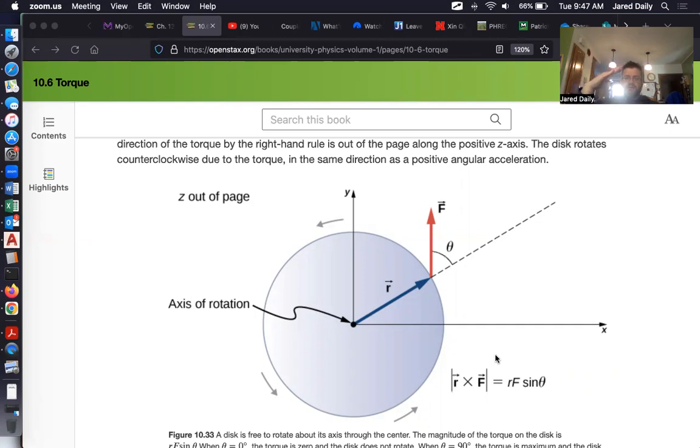So I have to do the right-hand rule backwards. But r, and then F, and then that vector is coming out of the page, right out of the screen there for you. Then you've got the direction of your torque coming out of the page.